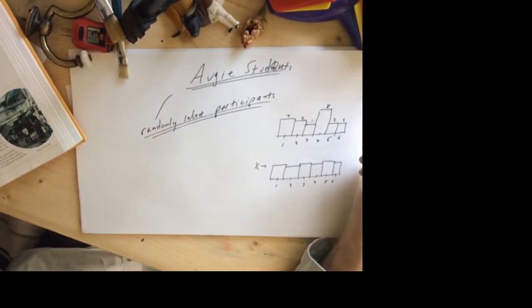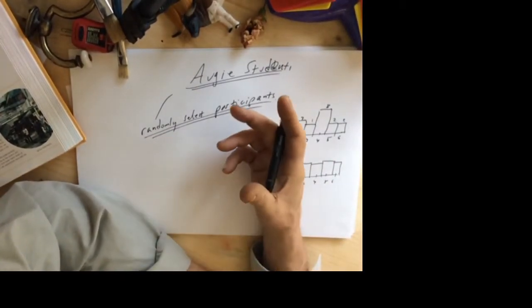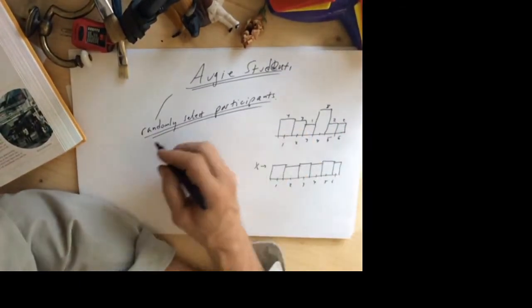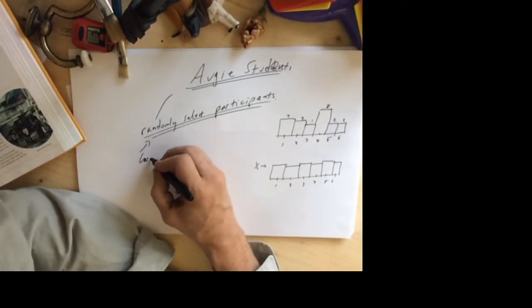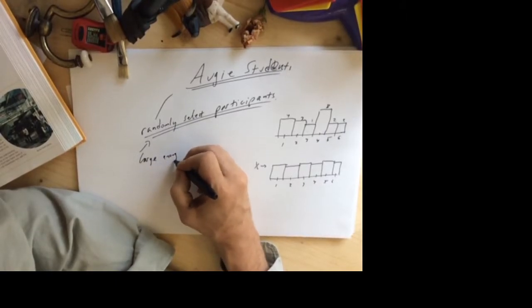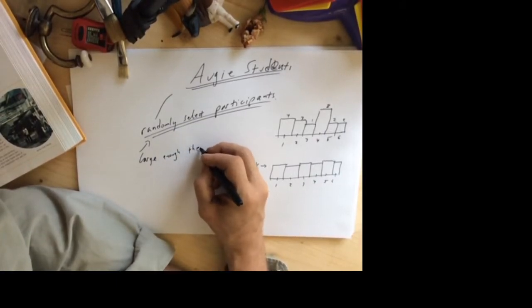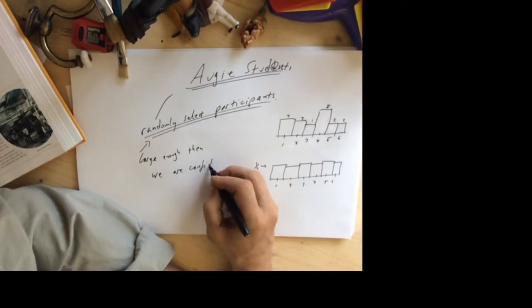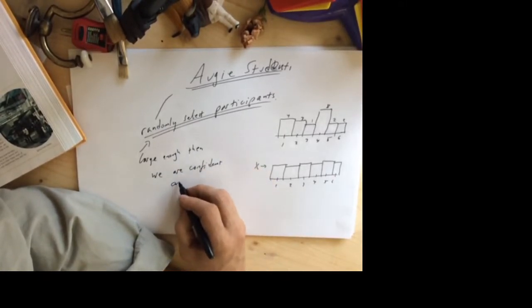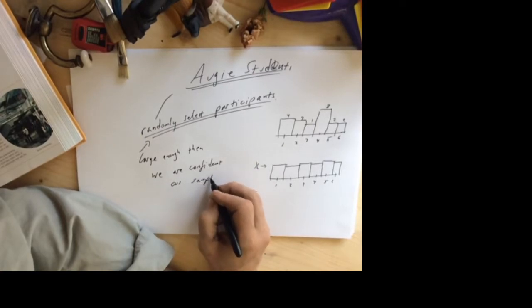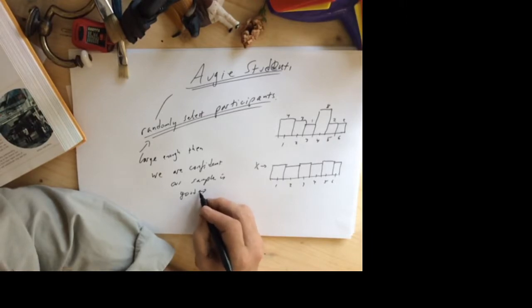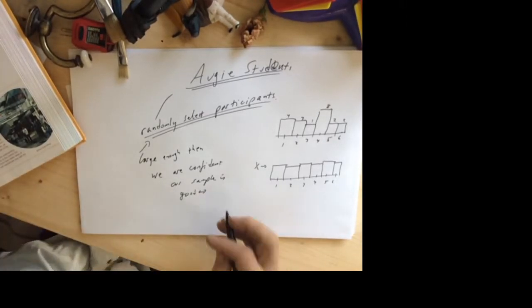In other words, since I'm picking it randomly and I'm not imparting any of my opinion into this selection, if this is large enough, then we are confident our sample is good.